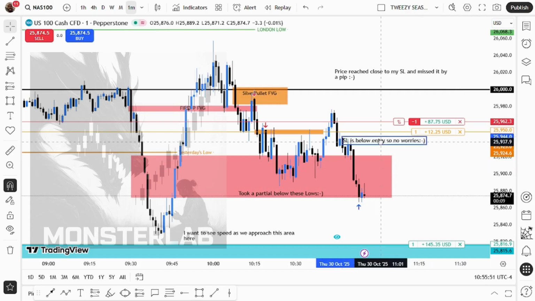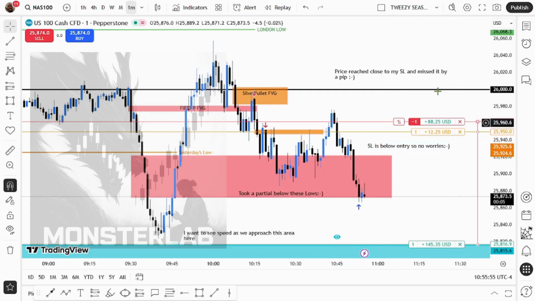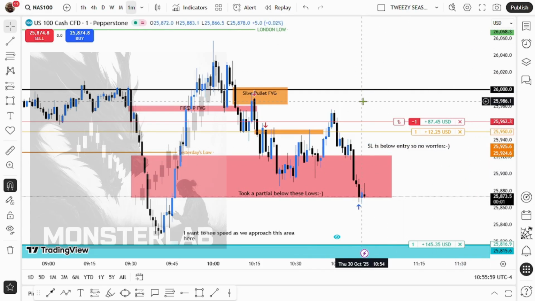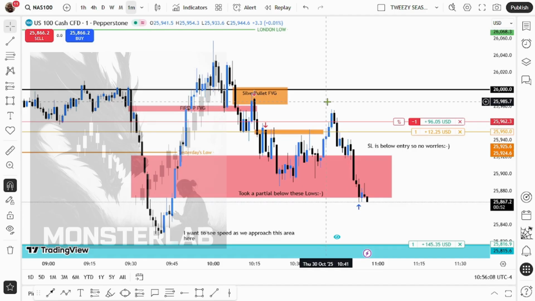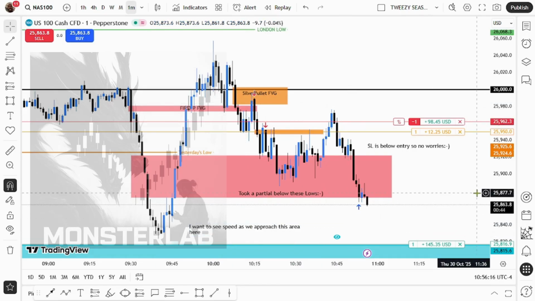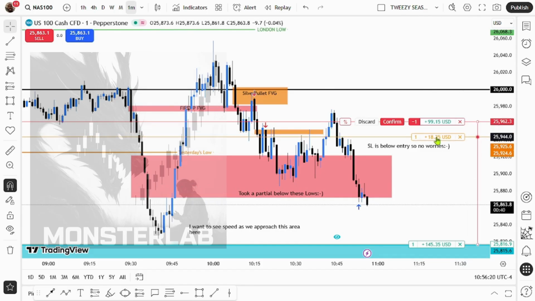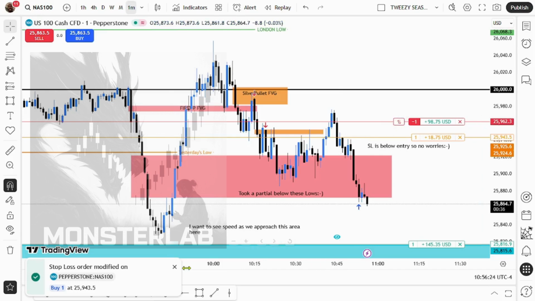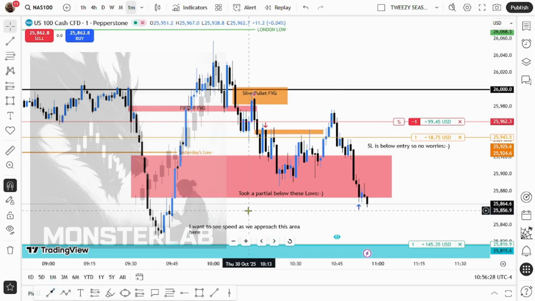This is my first entry, and I'm up a couple. I have about 50% of profits out. So my stop loss is below my entry now. Price can do whatever it wants to do now.